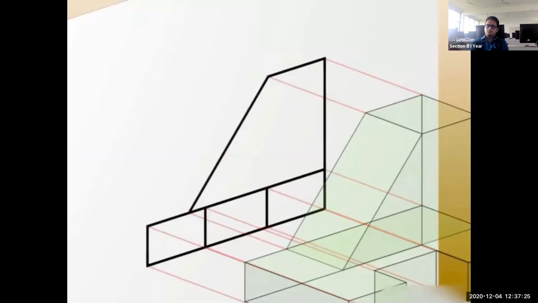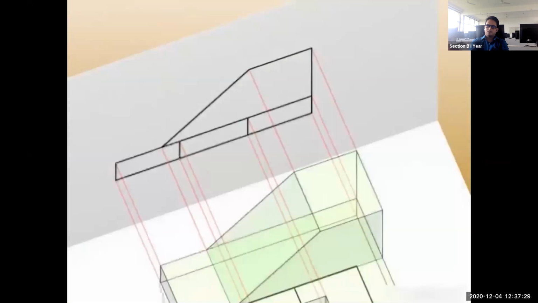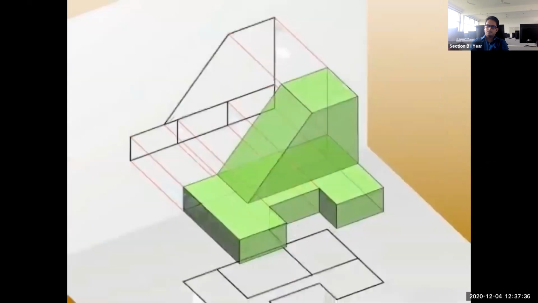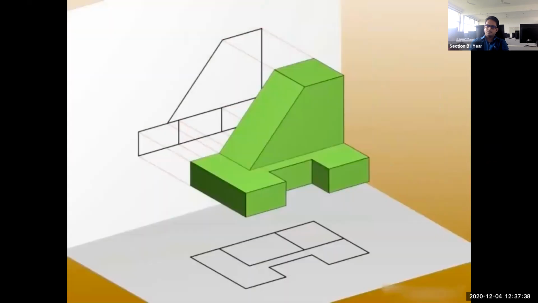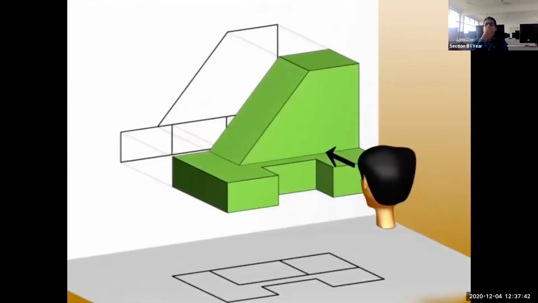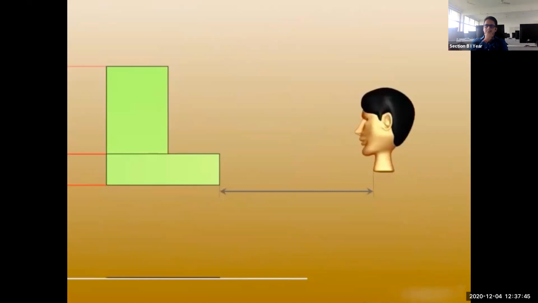The image formed on the projection plane is known as the projection. The lines of sight are also known as the projectors. The size and the shape of the projection depends on the angle at which the object is being viewed and the distance between the object and the viewer.